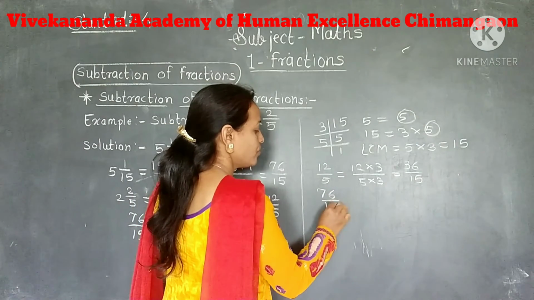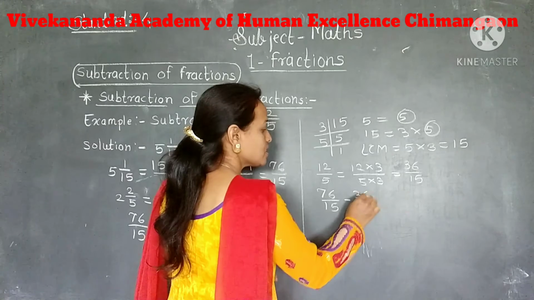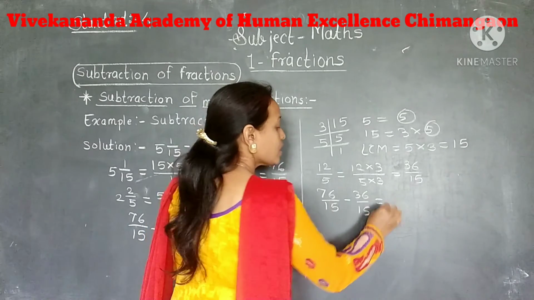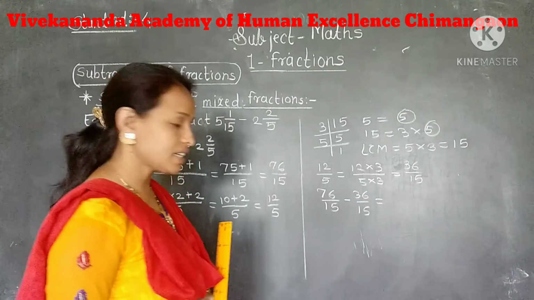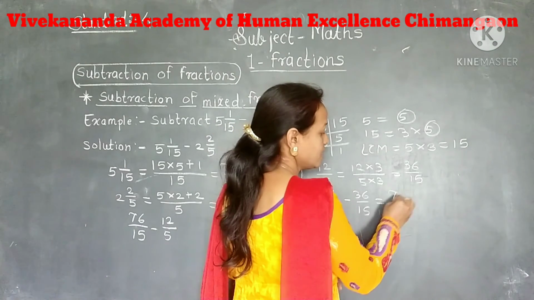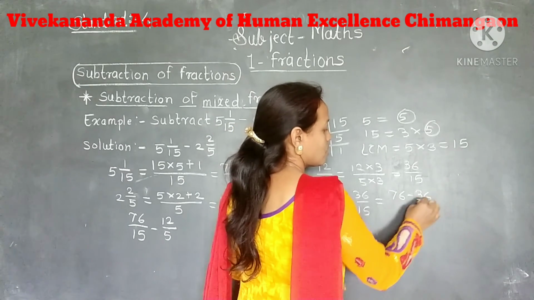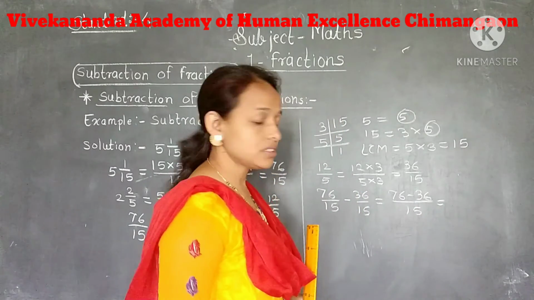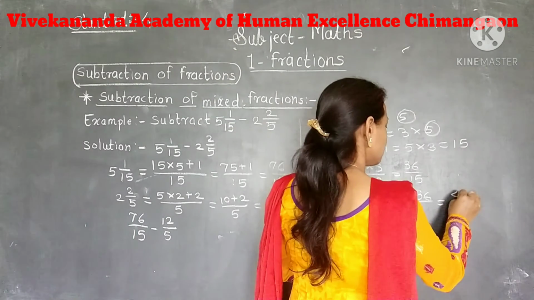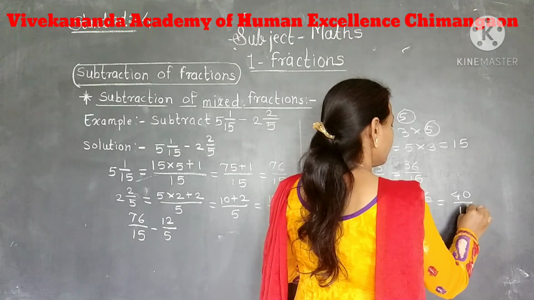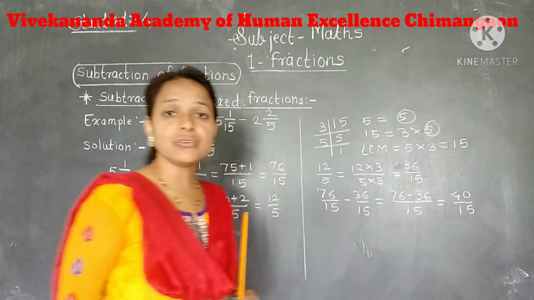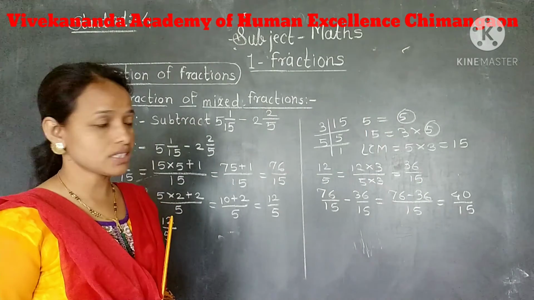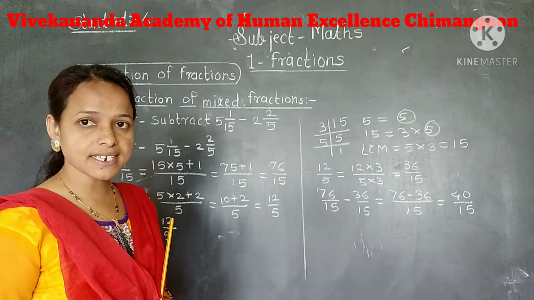So 76 upon 15 minus 36 upon 15. Now we subtract the numerators. 76 minus 36 upon 15. We get here 40 upon 15. Now we have to reduce it to lowest terms. So we have to find its HCF.